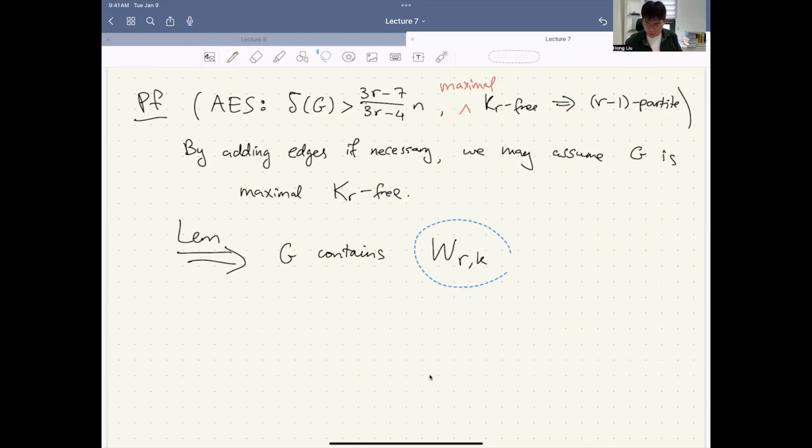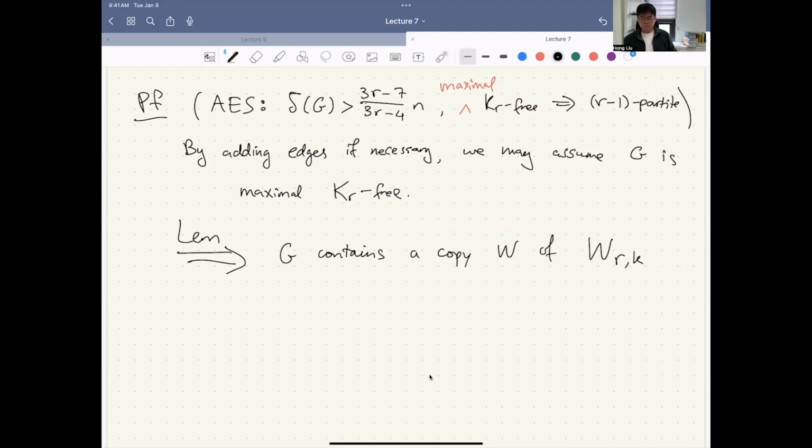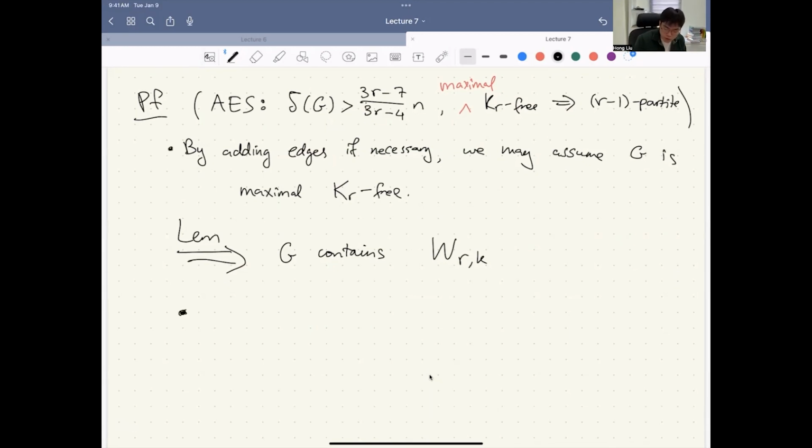Let's call this W, a copy W of this W_{r,k}. G contains W_{r,k}, right? Then what we're going to do, we're going to pick a special one. We know there must exist some W_{r,k}.